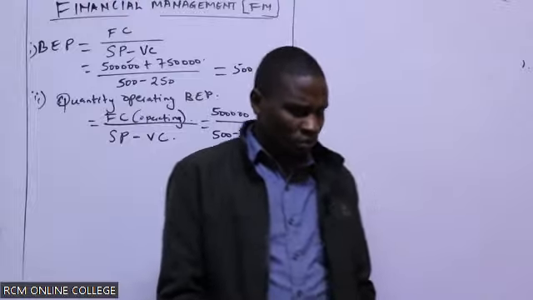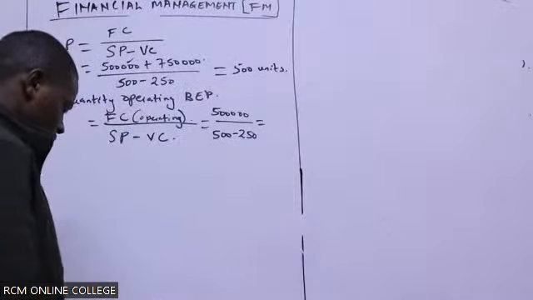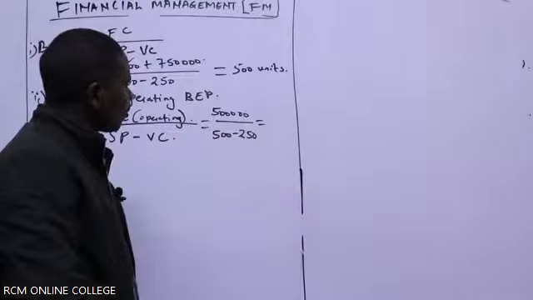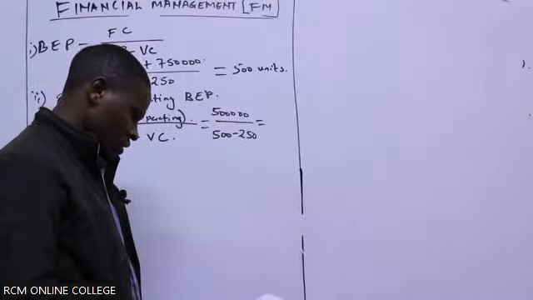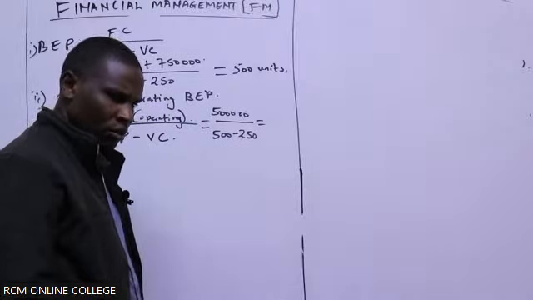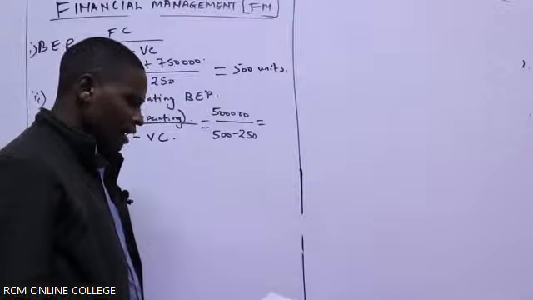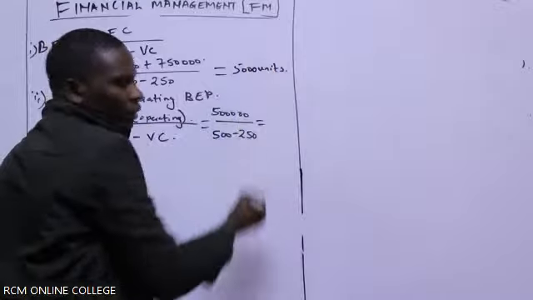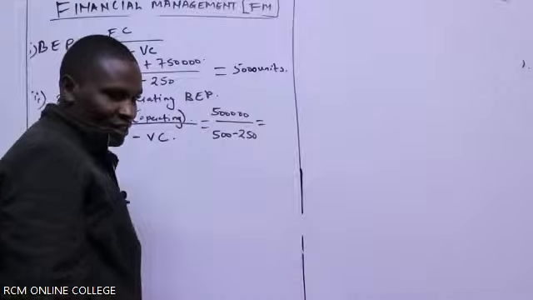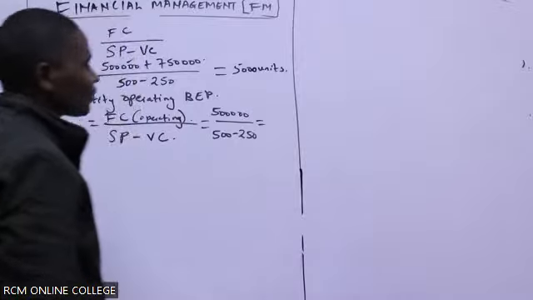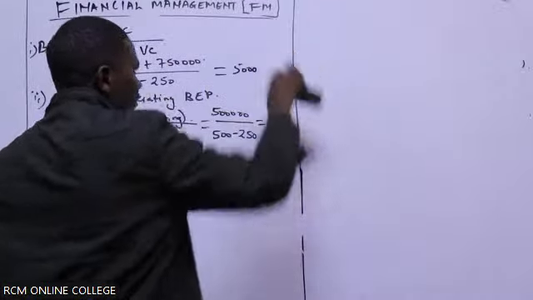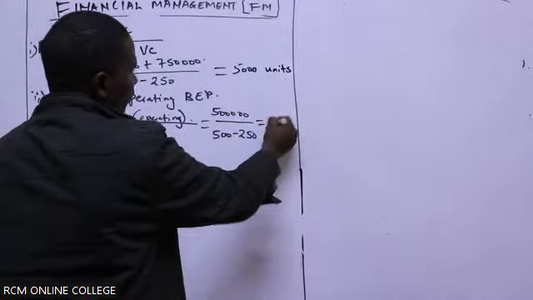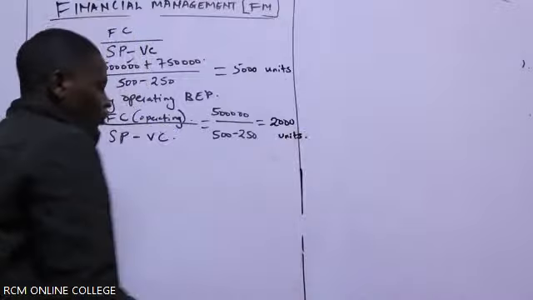Is it 500 or 5? Let's see. Look at the firm has a fixed operating cost of 500,000. BEP is 5,000 units. Okay. What about the other one, how many units? The operating BEP alone. This one is units. The other one is 2,000 units. So we are done with that.